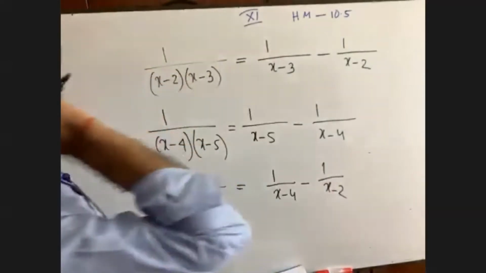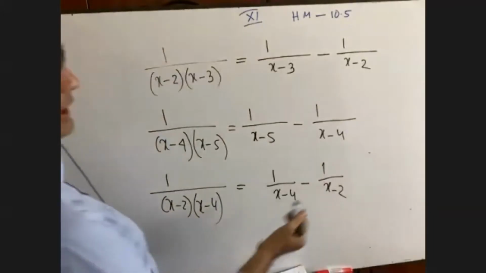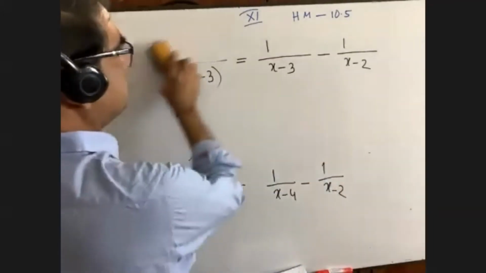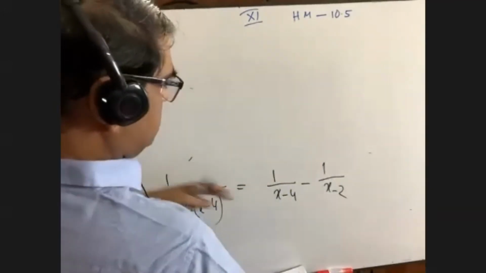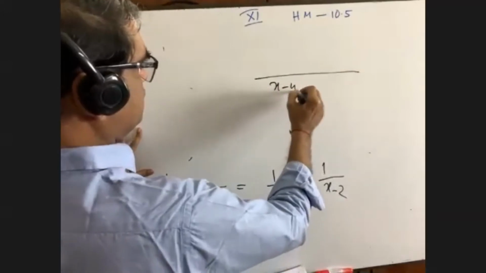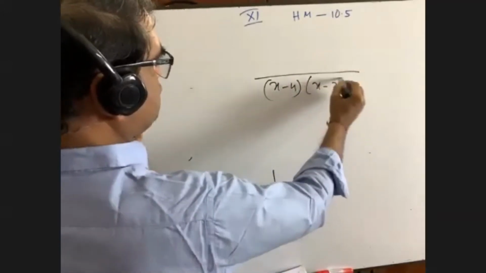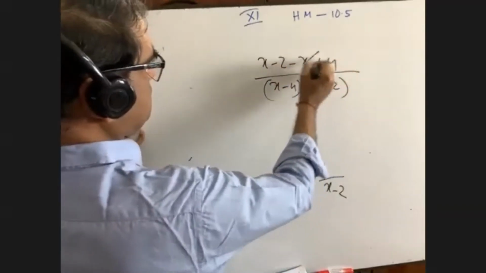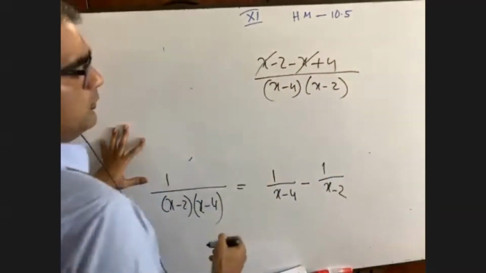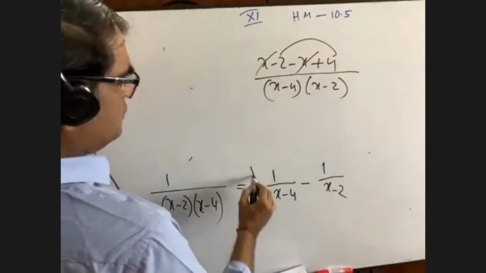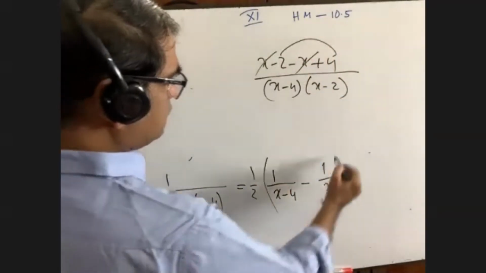But you see, we are not done, because if we have the LCM here, then you see what is left here. It is x minus 4, it is x minus 2. So we get x minus 2 minus x plus 4. This is omitted. 4 minus 2, that is 2. So this 2 is to be taken here, half into this.